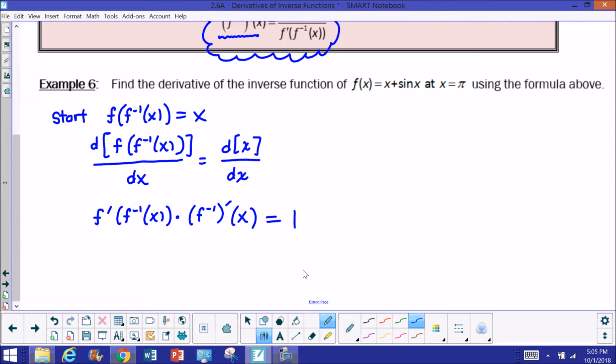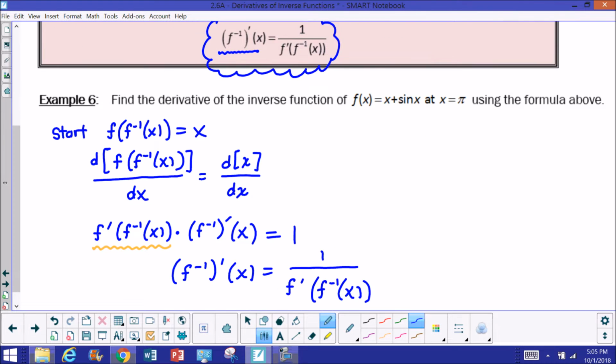Next, all I'm going to ask us to do is to divide both sides by this particular expression. That will leave the f inverse derivative of x alone on the left side, and then on the right side you would have 1 over f prime, the derivative of f, evaluated at the inverse, and lo and behold, that's exactly what we have in our formula up above.